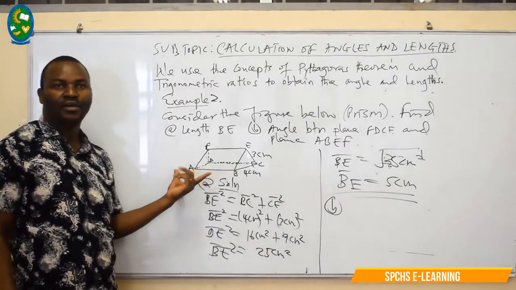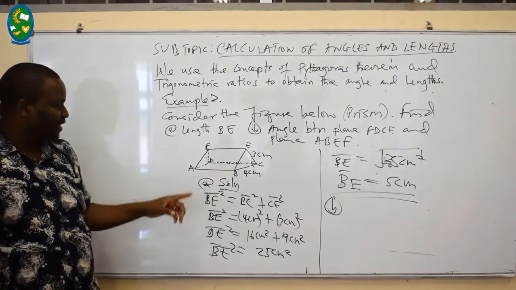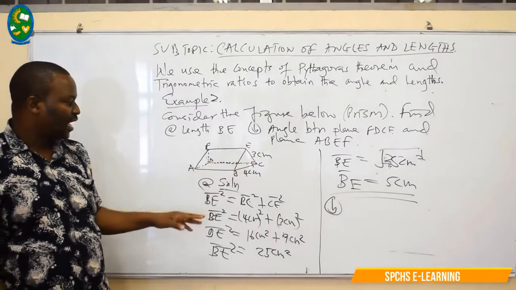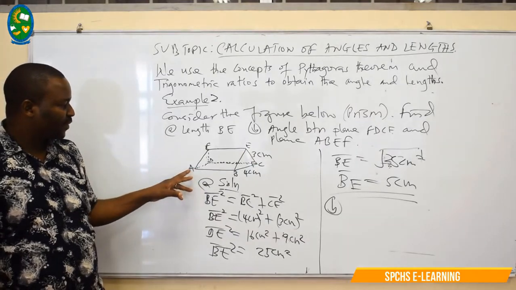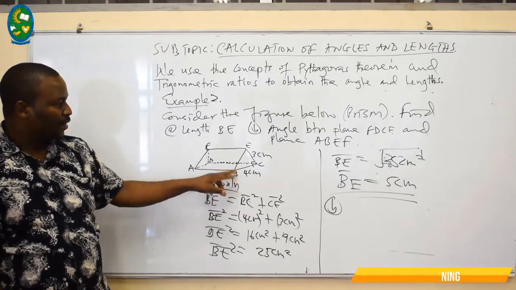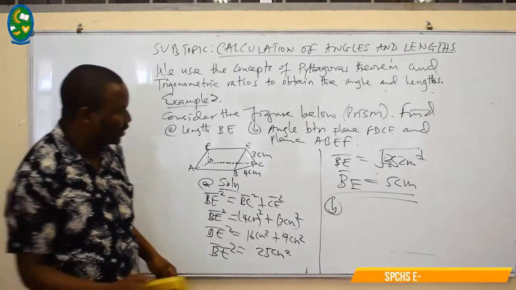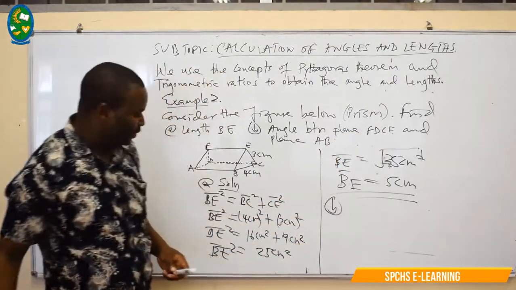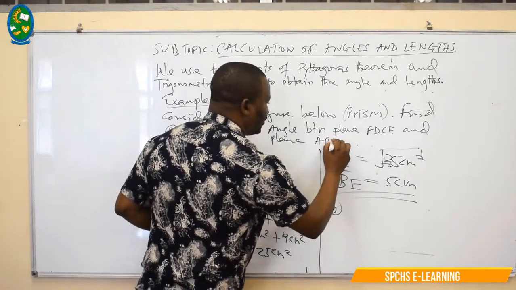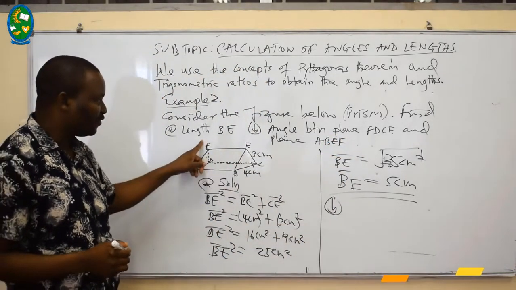As you can see from our figure here, we have plane FBCE, that one, and also we have plane A, B, F, E. Let us start with F then E. So A, B, E, F.